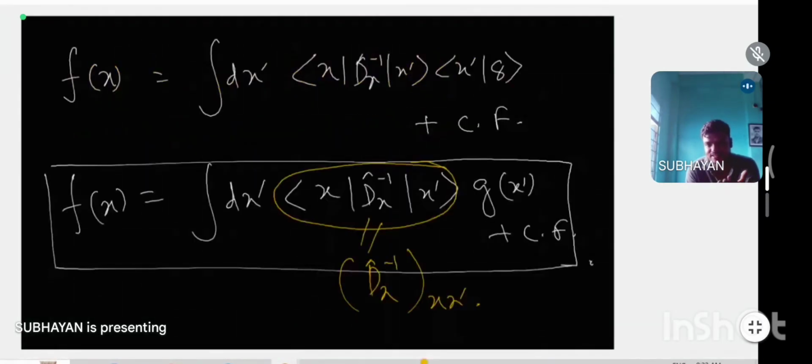So x dx inverse x prime is nothing but the matrix element of this operator in the matrix representation, in the position basis representation, of course, because I am writing the basis from position representation x and x prime.